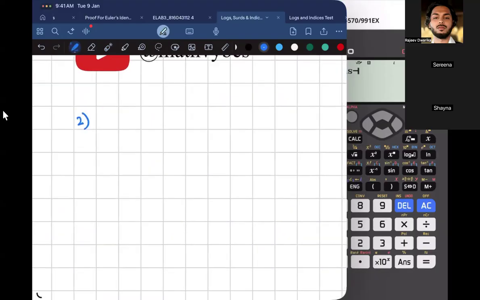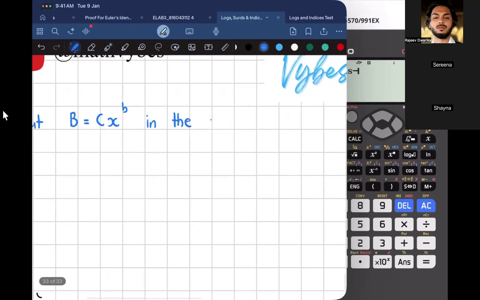All right. So let me change up the letters. Put y is equal to c x to the power b, in the linear form.